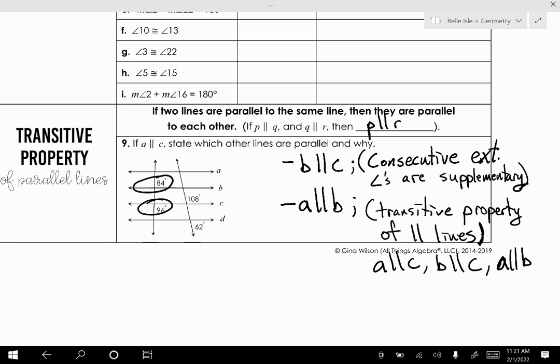So it's none. Just put none. And then on the converse, you won't have it. Okay?